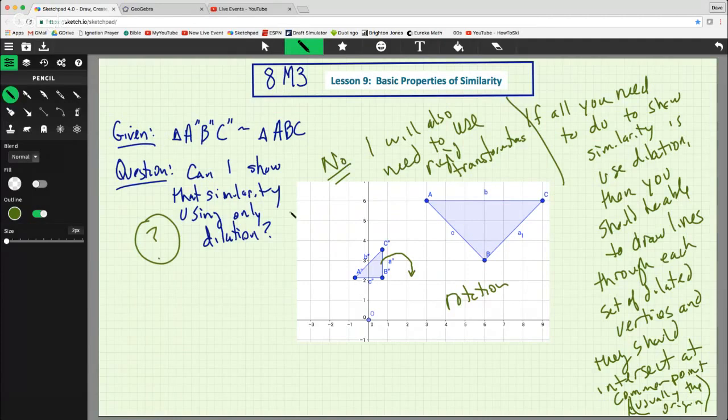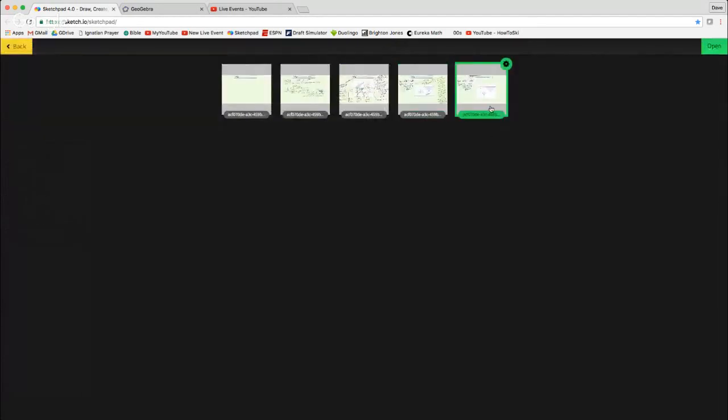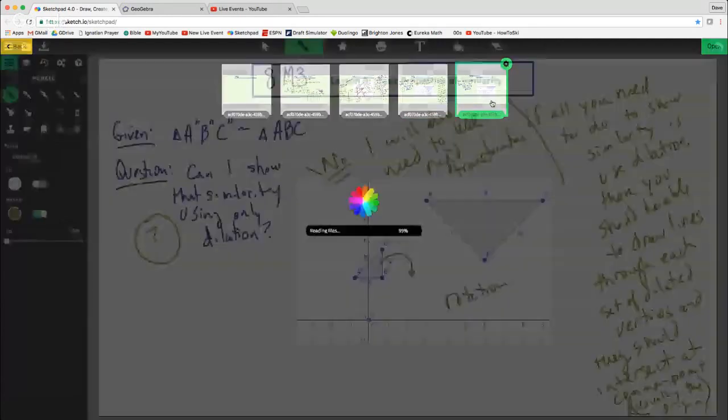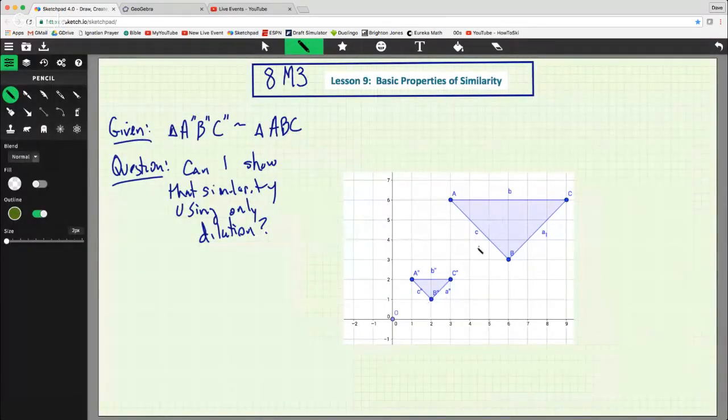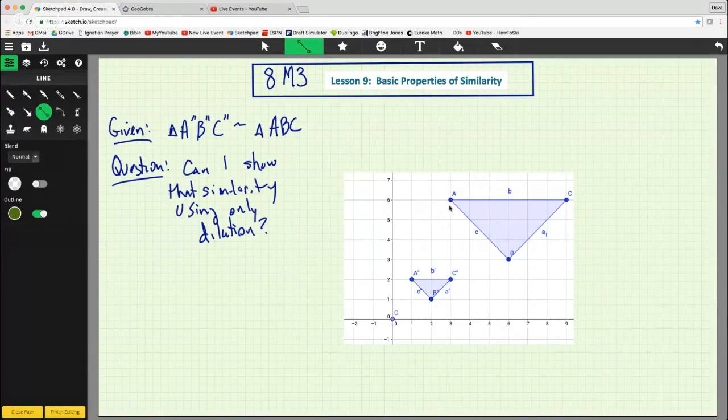Now let's look at a different problem. This one. Now these look like they're in the same orientation, and maybe I could just dilate this guy up. Let's look and see. So I'll take the big one down to the small one.